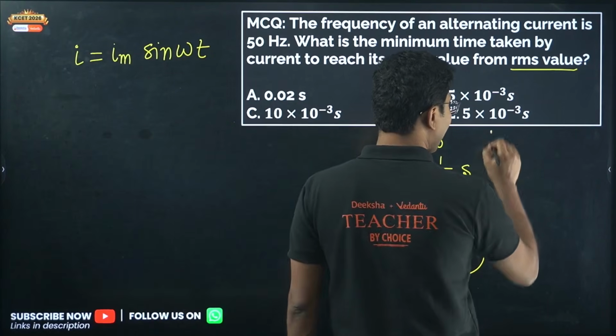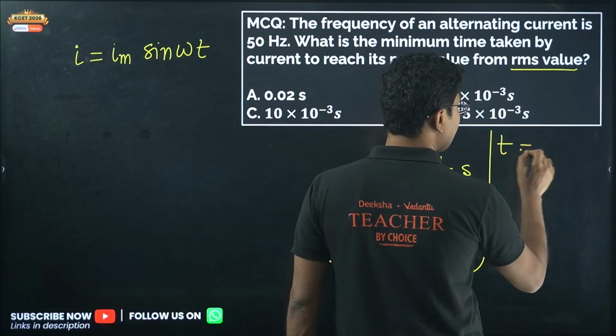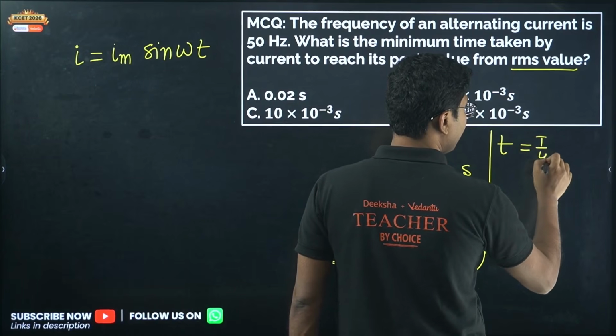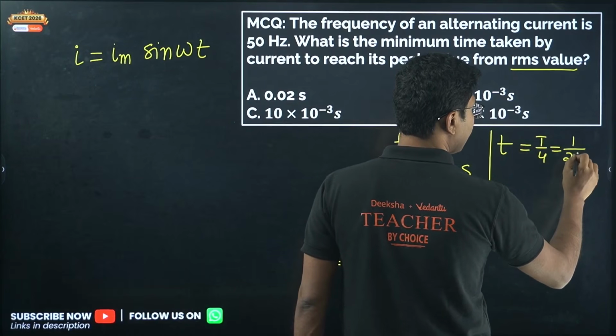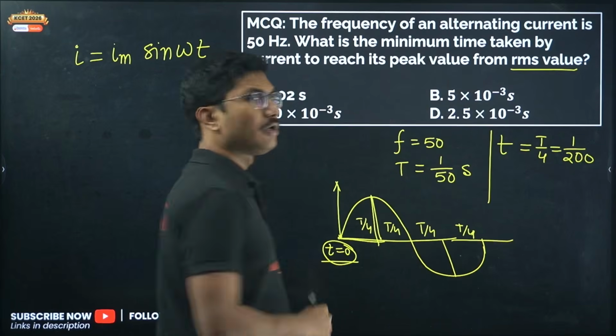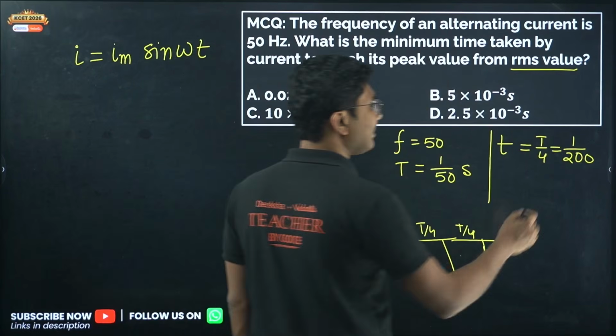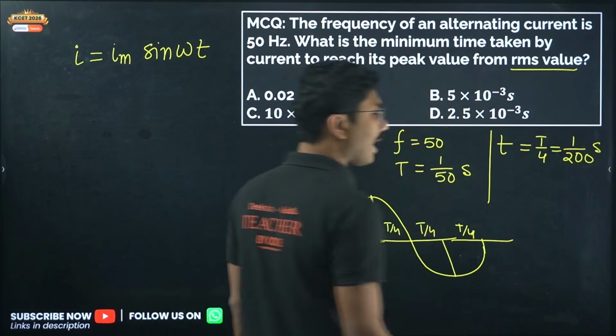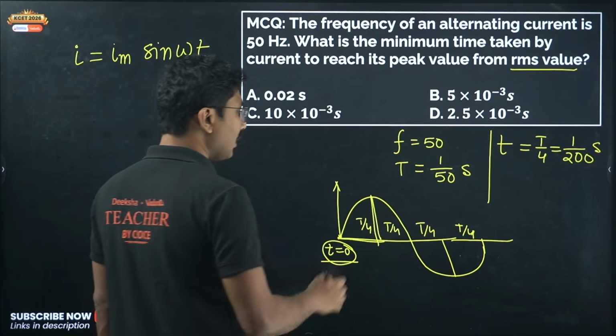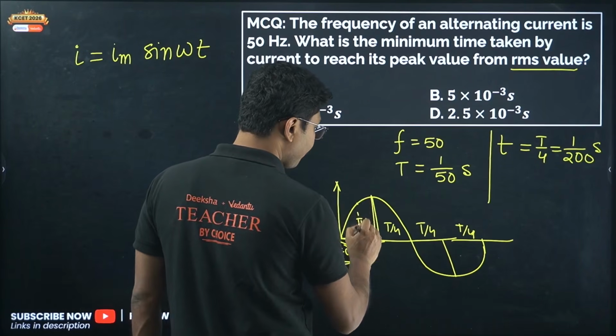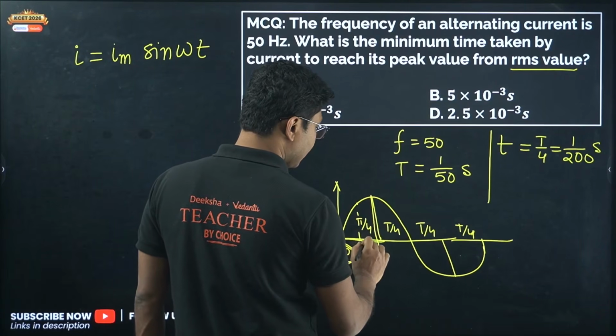T/4 is 1/200 seconds, since 4 times 50 is 200. Starting from 0, you would have reached the max in 1/200 seconds, but the RMS value is somewhere here. This is the I RMS.